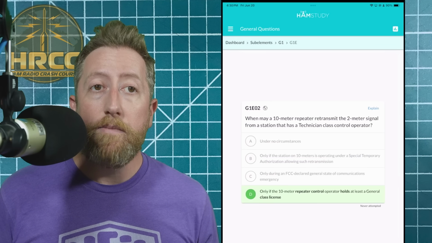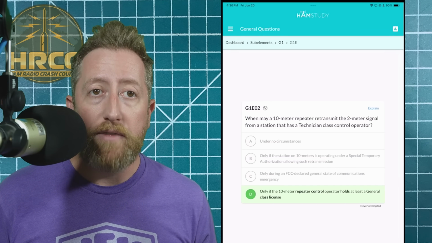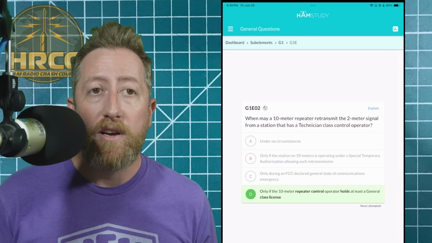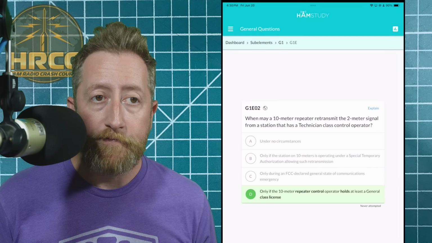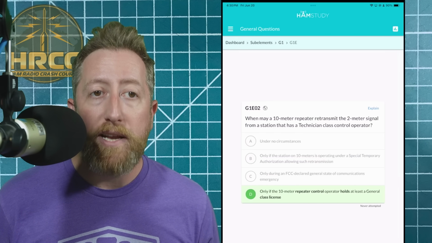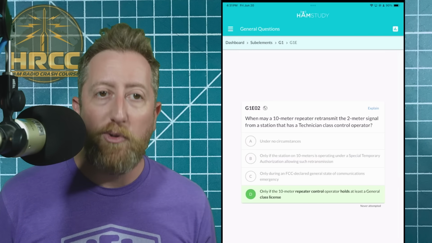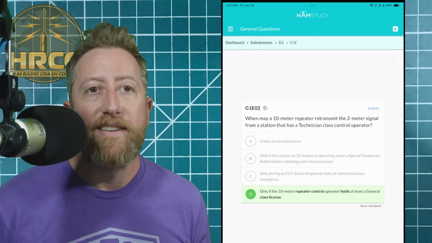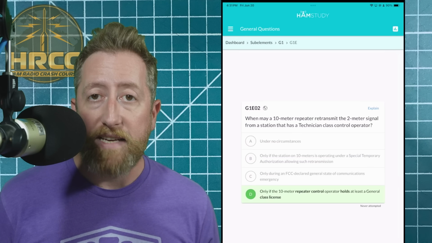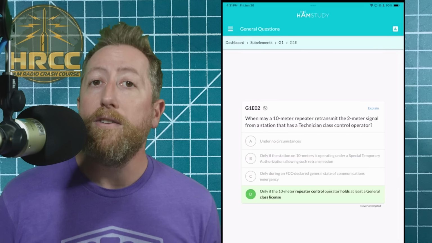When may a 10-meter repeater retransmit the 2-meter signal from a station that has a technician class control operator? The answer is D, only if the 10-meter repeater control operator holds at least a general class license. Likely because the repeaters are in a space that technicians cannot use.